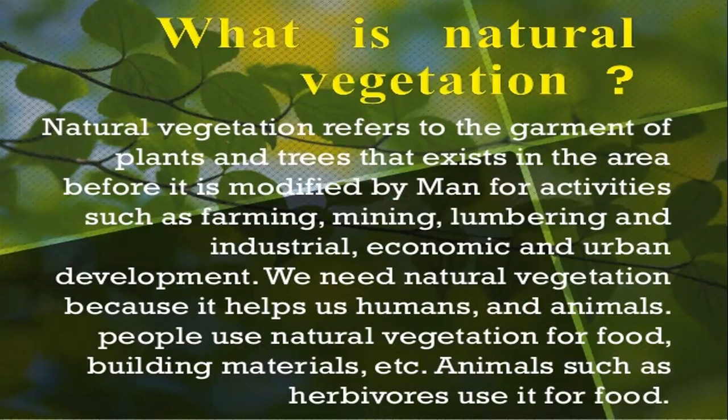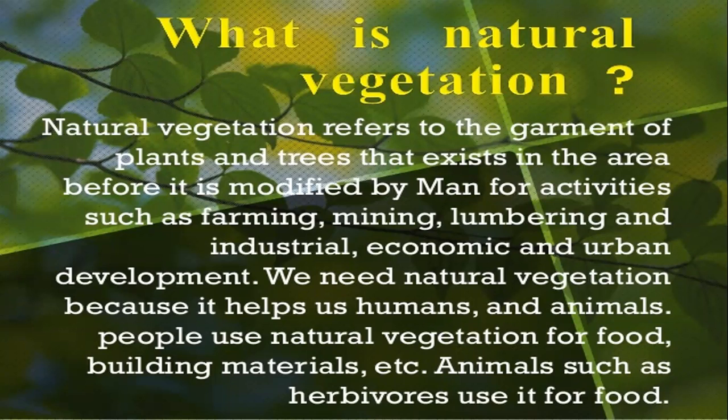And what is natural vegetation? Natural vegetation refers to the garment of plants and trees that exist in the area before it is modified by man for activities such as farming, mining, lumbering, and industrial, economic, and urban development.